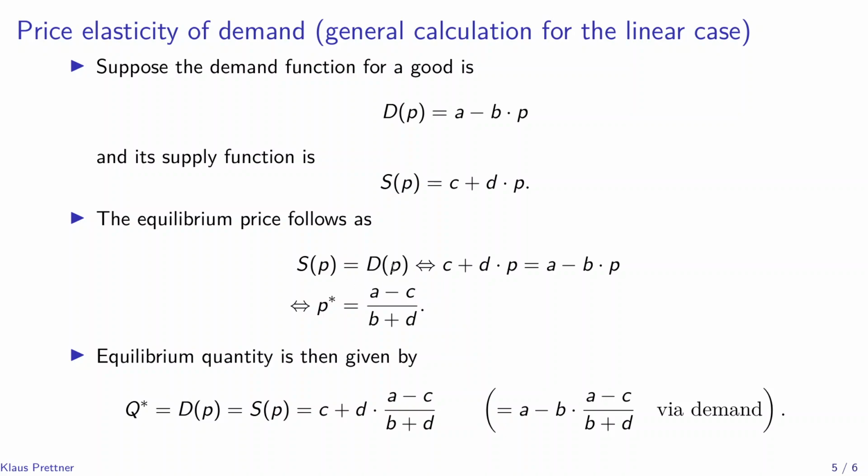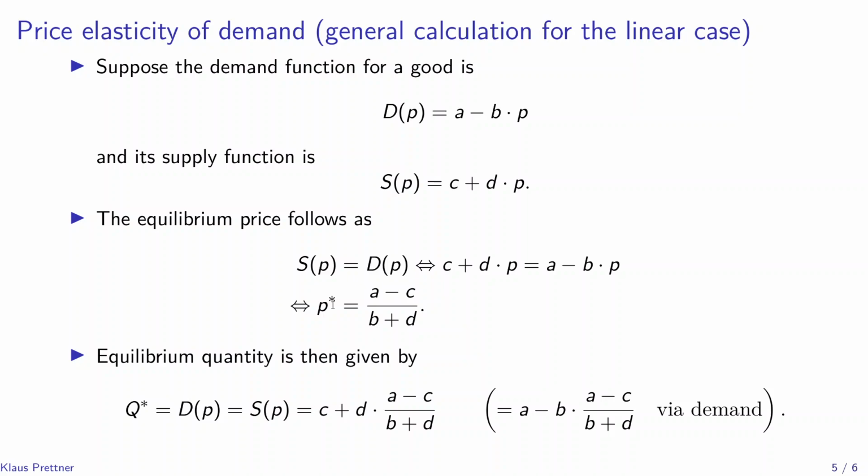Again, we would set supply equal to demand to calculate the equilibrium price level. So we have here the supply curve and here the demand curve. We set them equal to each other and can collect parameters on the right-hand side so that we can determine the equilibrium price level as a minus c in the numerator. So that would be this parameter minus this parameter, so the two intercepts, divided by b plus d, so the two slopes.